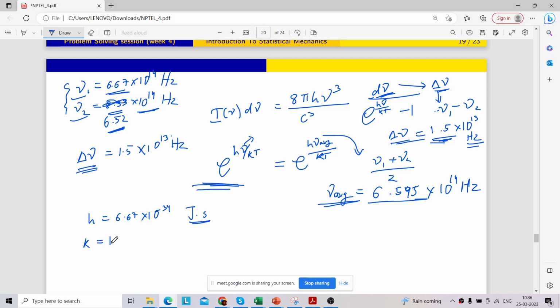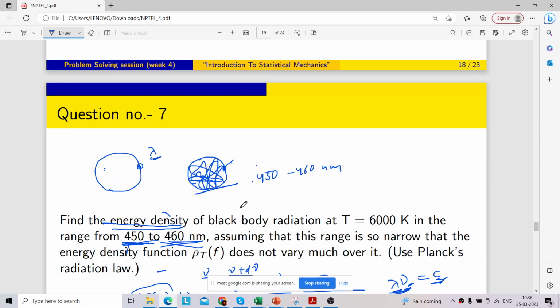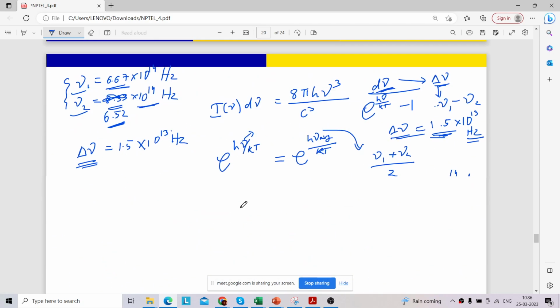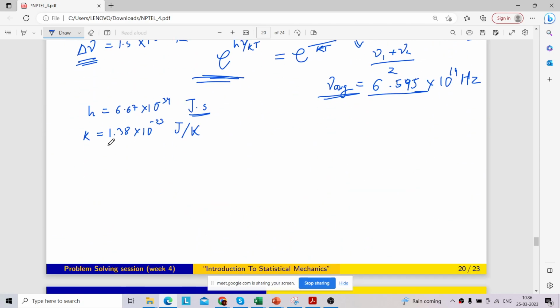This value is 1.38 times 10 to the power minus 23 joule per Kelvin. And the temperature of the black body is 6000 Kelvin.